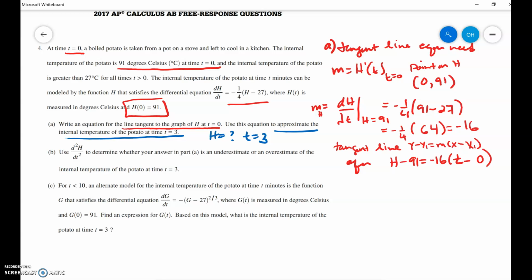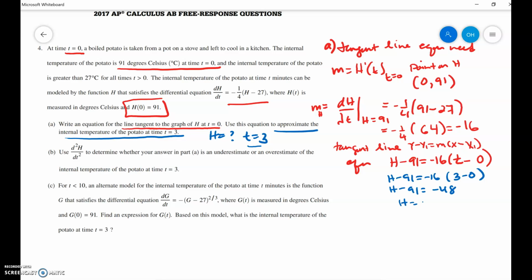Okay, and so now I'm supposed to use this equation to approximate the internal temperature of the potato at time t equals 3. So I'm going to plug in 3 for t and solve for h. So I have h minus 91 is equal to negative 16 times 3 minus 0. And we end up with h minus 91 is equal to negative 48.